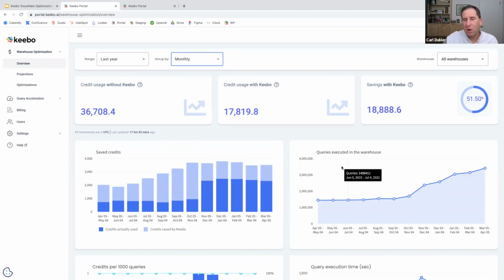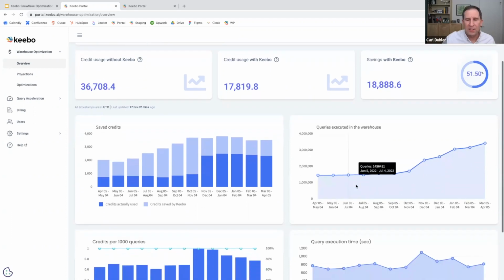But it's important to know that this particular customer has also achieved the second part of the goal I mentioned. They're using Snowflake more than they did at the beginning of the last year. You can see that their queries executed have gone up quite steadily, especially starting around October of last year. So they're using Snowflake more and paying for it less.